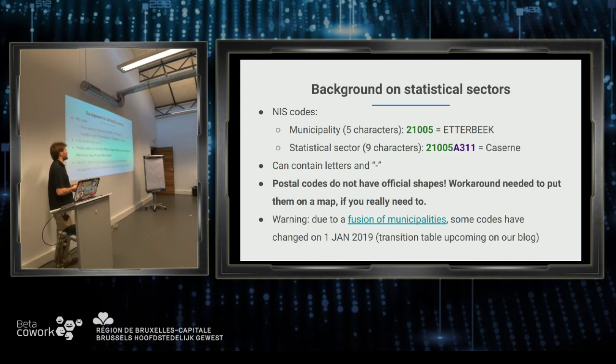So be aware that you may have to go through a process. If you only have addresses and you want to plot stuff on a map, you may have to find a location for each address and then figure out in which statistical sector or municipality it falls.